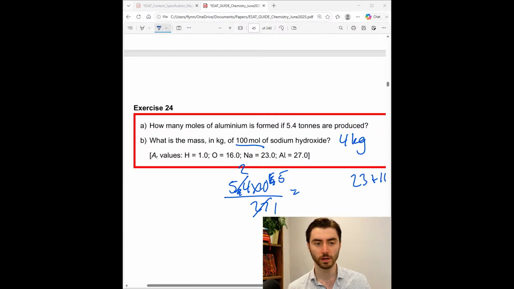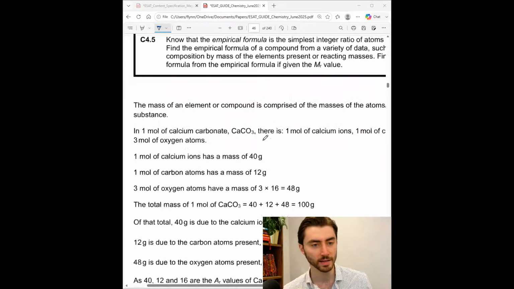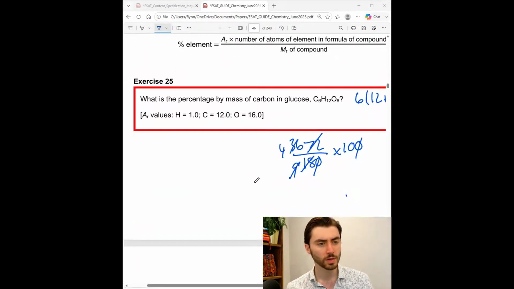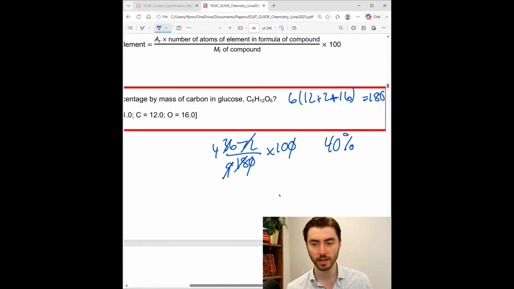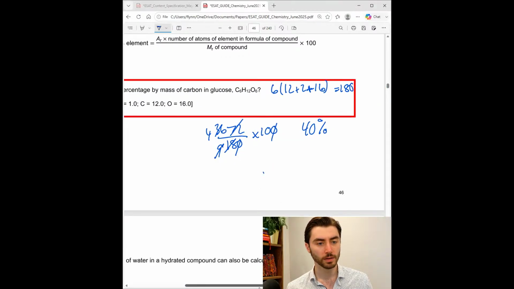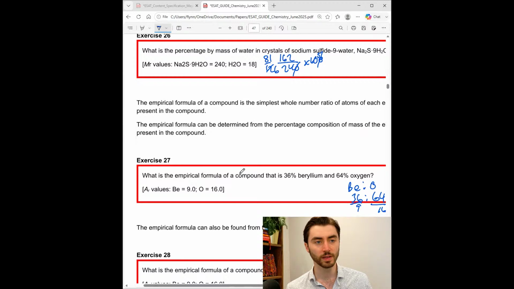On the second one, again, I couldn't be bothered to look up the molar mass. So here, percentage by mass of carbon in this is 40%, it looks like. Yep. Let me zoom out just so I can see it a bit better, because I just want to make sure I didn't do anything stupid at any point.